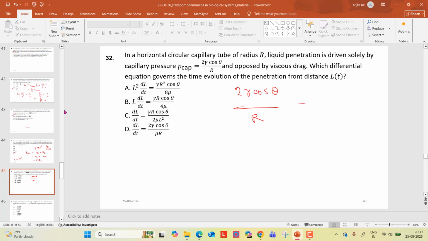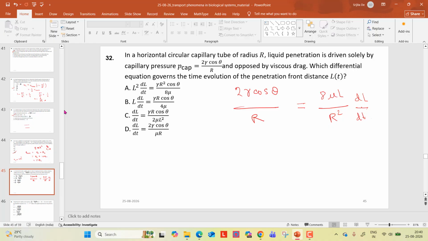Capillary pressure is opposed by the viscous drag. Viscous drag is 8 mu L by R square dl dt. It is coming from the Hagen-Poiseuille equation.